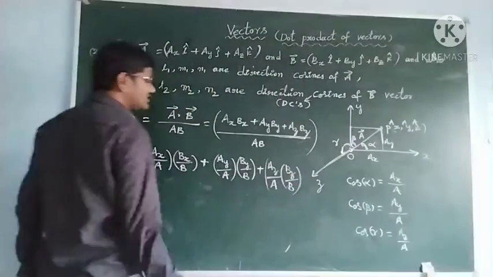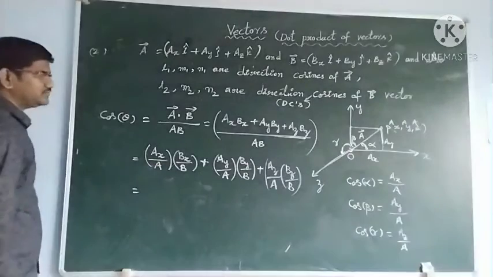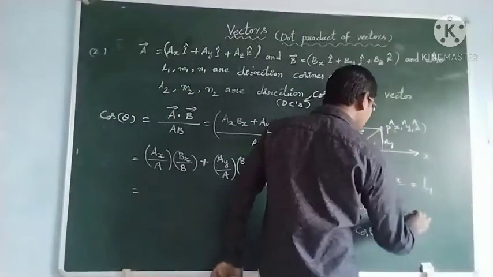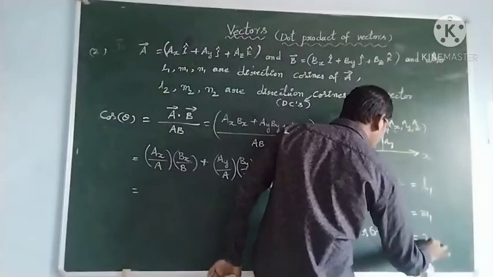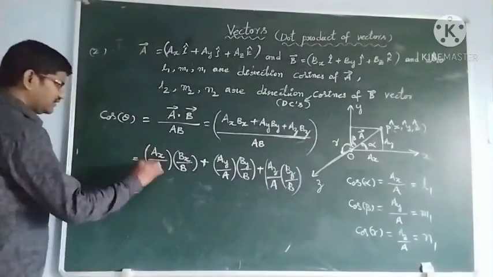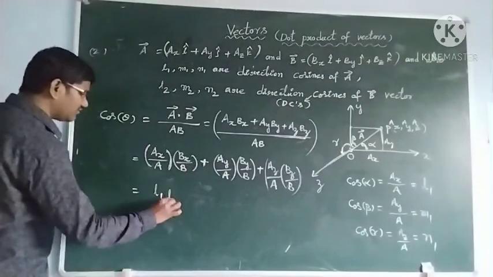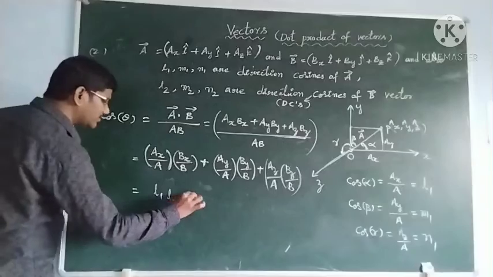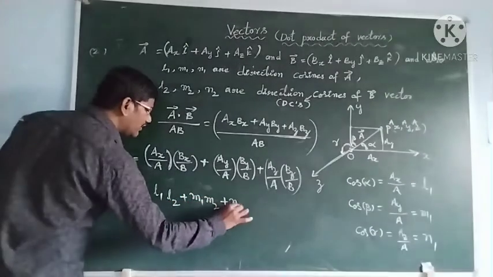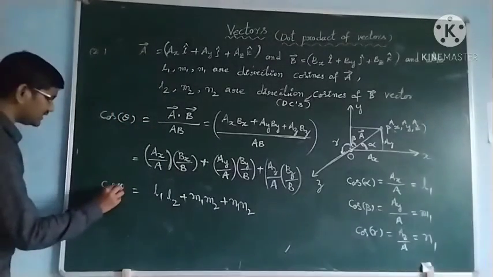We can write it like this, dividing every term by a b. Here ax by a is cos alpha, which is called L1, M1 and N1. These are called DCs, direction cosines. For the second vector it becomes L2, so L1 L2 plus M1 M2 plus N1 N2 is equal to cos theta.